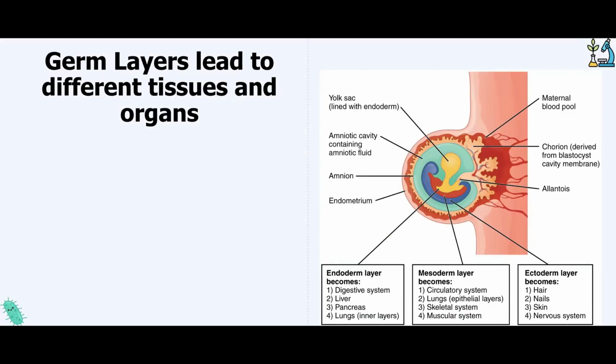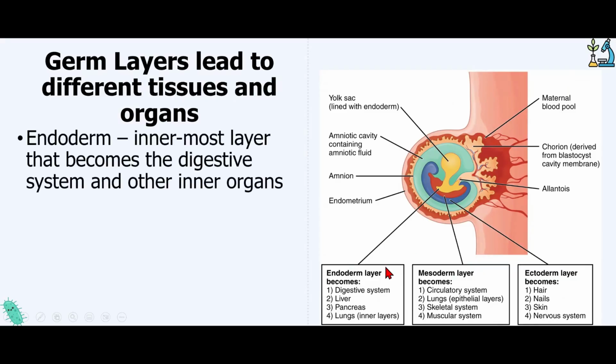Now let's talk about these germ layers. So this figure is specifically human development, but this is pretty much the same for most animals. But anyway, so again, the germ layers, we got the endoderm, the mesoderm, and the ectoderm, which are shown here. This is a much more developed embryo, by the way, but same thing. These are kind of the different layers.